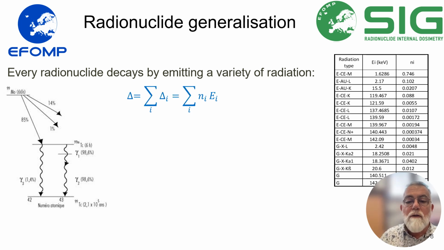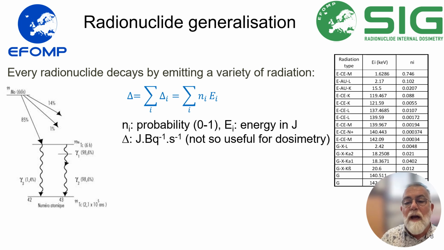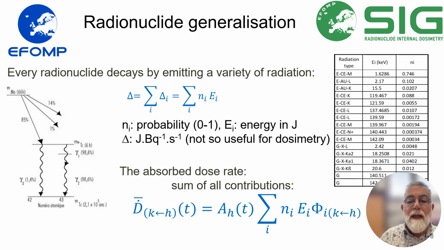So even though you can sum all the emissions to derive a sort of average energy emitted per decay, that's not going to help you a lot in dosimetry. Because in dosimetry, you will not have an average energy with an average range. You will have to consider all the emissions one by one, and for all of them, the emitted energy and how it is absorbed in the target, which you have here in that equation.